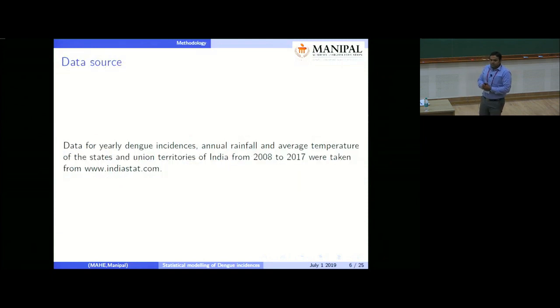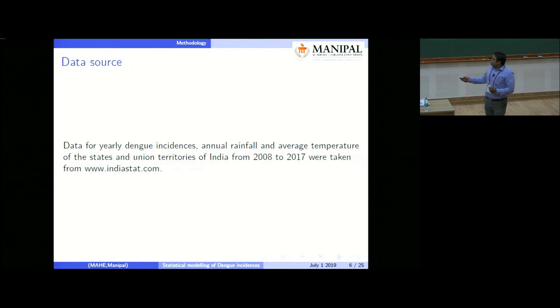Coming to the data source. Initially we desired to collect data on monthly dengue incidences and the selected climatic variables. We approached NCDC, the National Center for Disease Control in India, and also the National Institute of Virology in Pune, to collect data on monthly dengue incidences for the states and union territories of India.